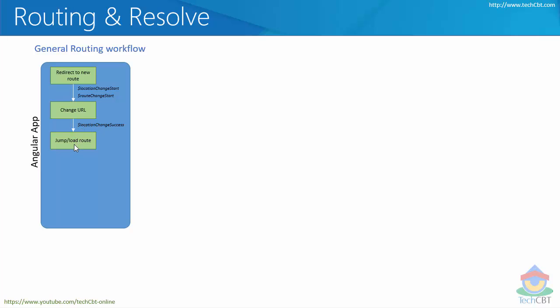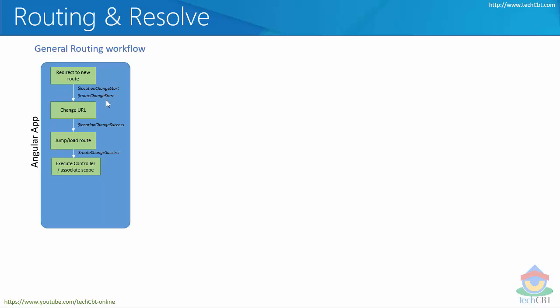Immediately after the URL change, we see location change success, and after this event, ngRoute will try to load the template related to that particular route and inject it into the ng-view of our main view template. The next step is executing the controller, or associating the scope with the respective controller of that ng-view along with that route template. Prior to this step, it raises one more event called route change success.